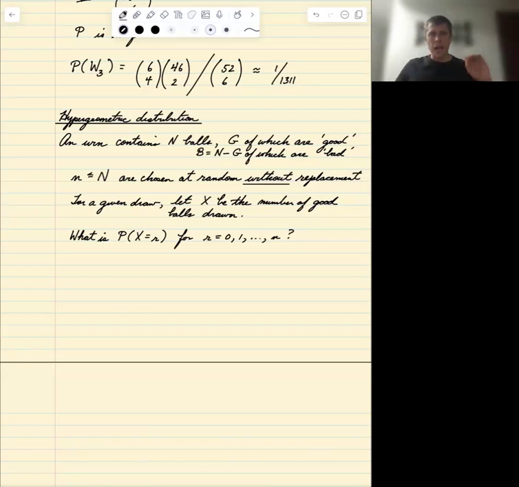There's a chance that we have 0 draws that are good, upwards of little n that are good. Okay. So we can just generalize the lottery example from before.